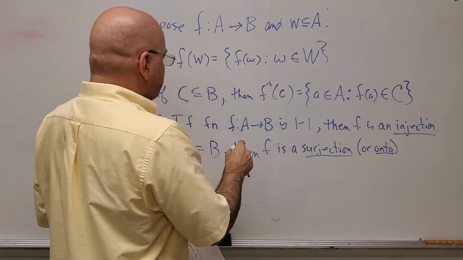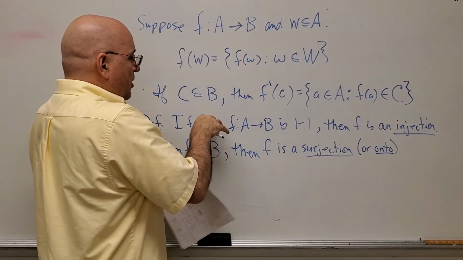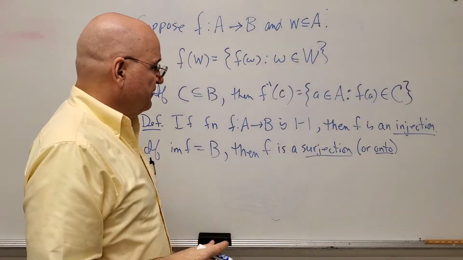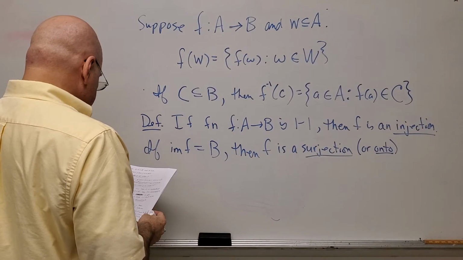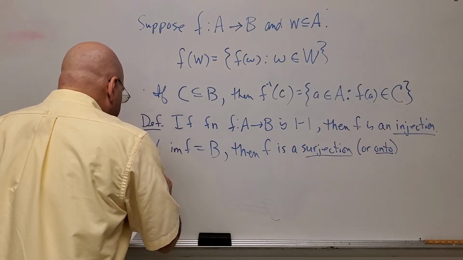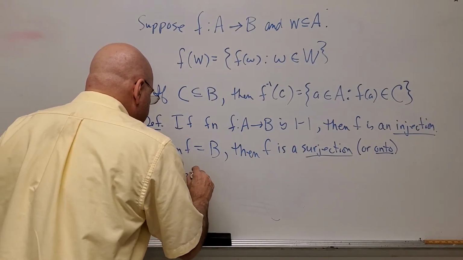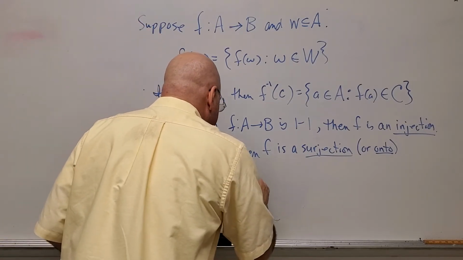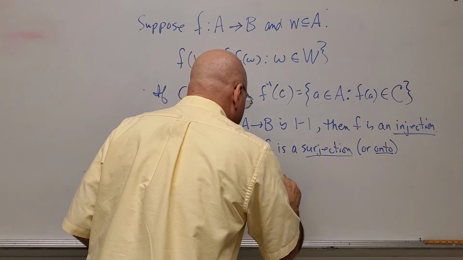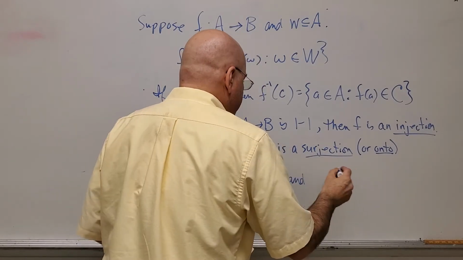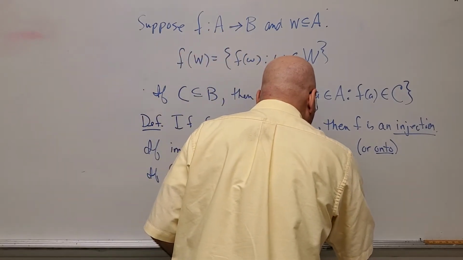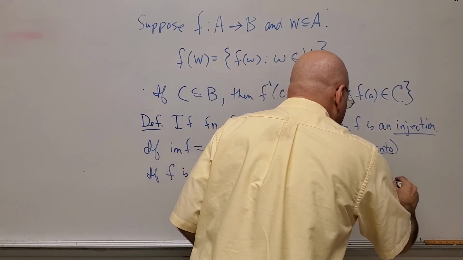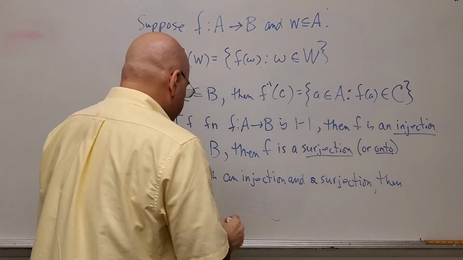That means that it maps from A onto B, meaning every element in B gets mapped to from the set A. If f is both an injection and a surjection, then f is a bijection.